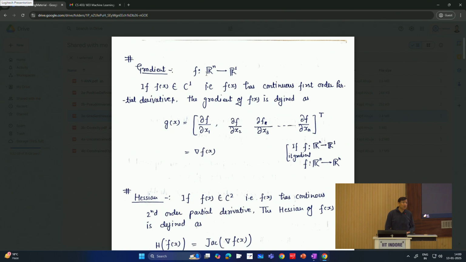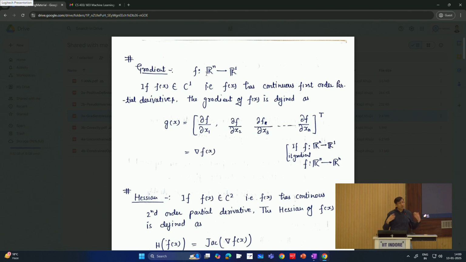Typically in your basic entry-level calculus, you just do f going from R1 to R1. It's one-dimensional domain, one-dimensional range. But when you've got a function of many variables, the domain is n-dimensional. Then what's the generalization of a derivative? Because now there are multiple variables there, x1, x2, x3, xn.